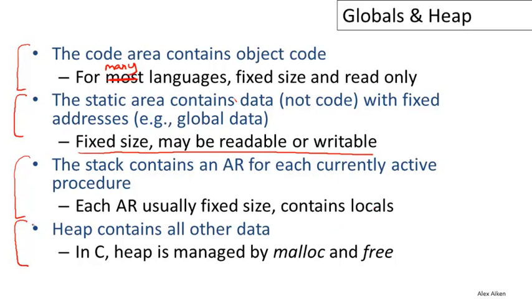This includes all the dynamically allocated data. And if you are familiar with C, the heap in C is managed by the programmer using malloc and free. In Java, you have new for dynamically allocating data, and then garbage collection actually takes care of reclaiming data from the heap that's no longer used.